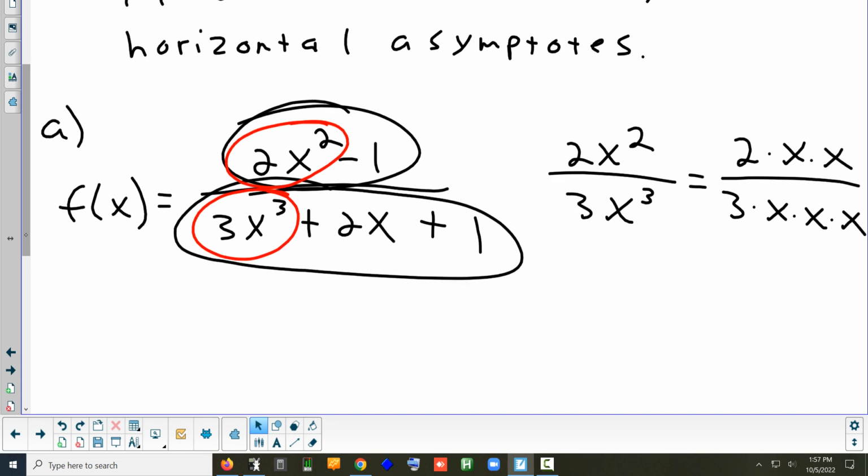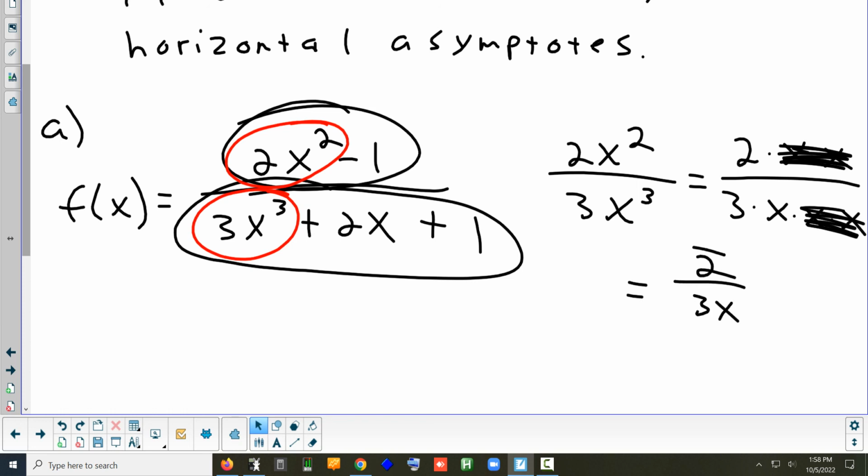What do the top and the bottom both have in common? 2 x's. 2 x's here, 2 x's there. So basically, what am I left with? Oh, 2 over 3x.